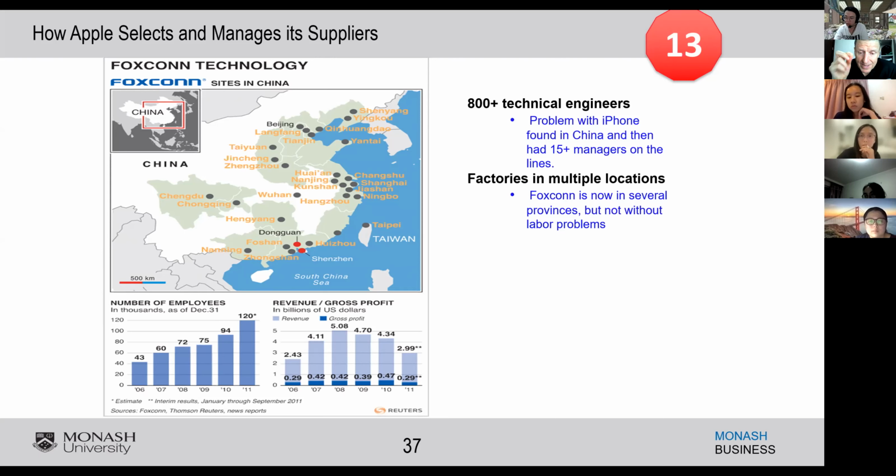And immediately for several weeks after that, on the 15 lines that were making the iPhone, normally they have one supervisor for the 15 lines. They immediately got their engineers, said, okay, we want one supervisor for every line. So 15 supervisors. They multiplied their supervision of those assembly lines by 15 times because they didn't want that thing to happen again.